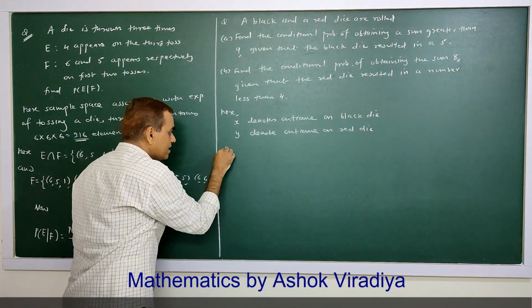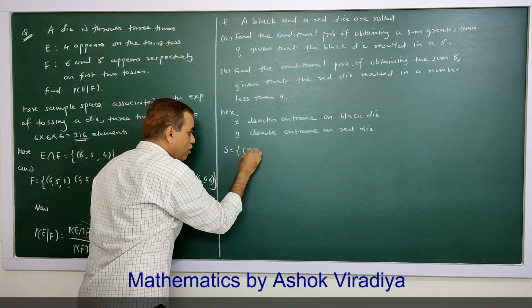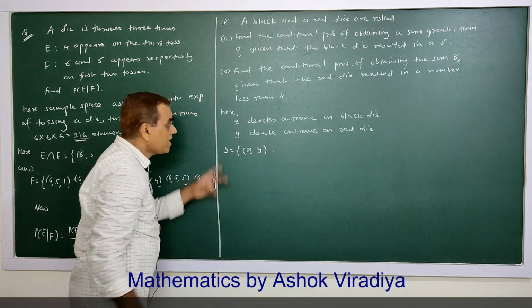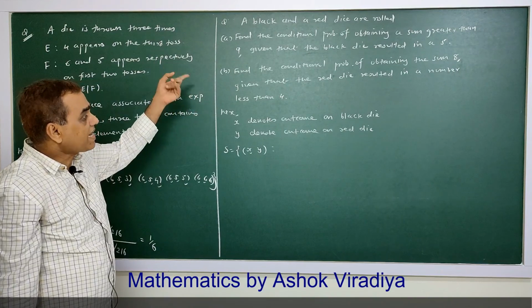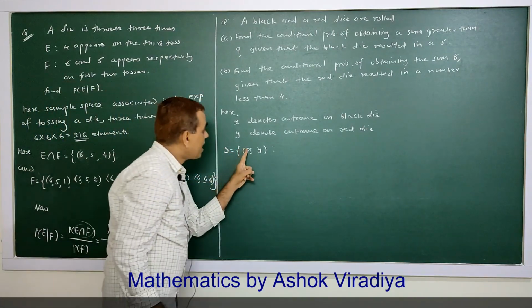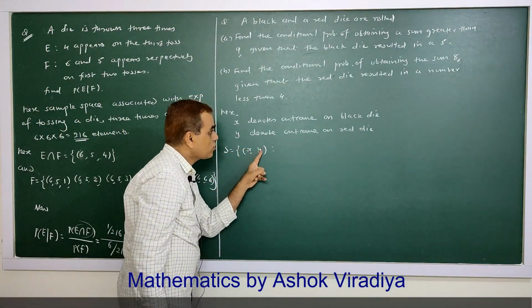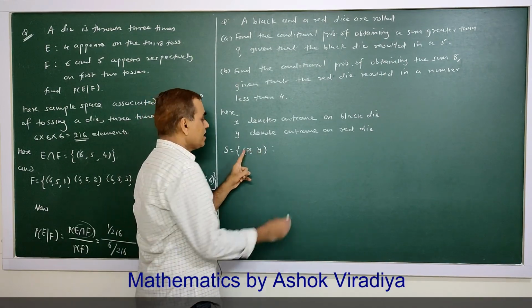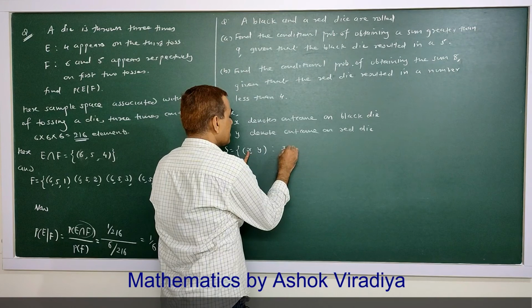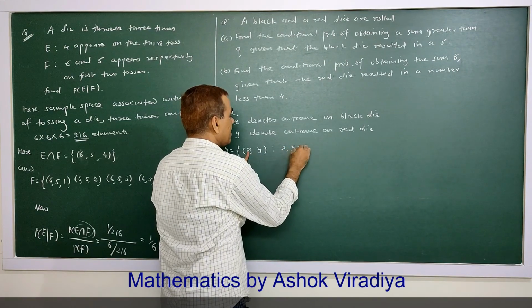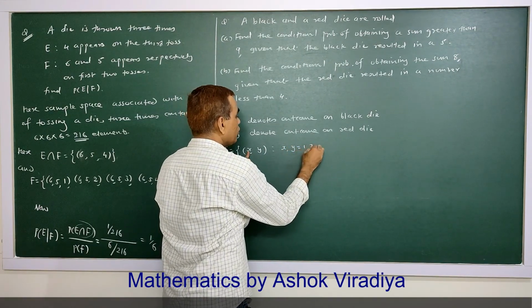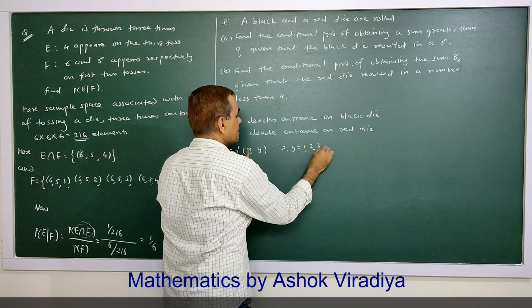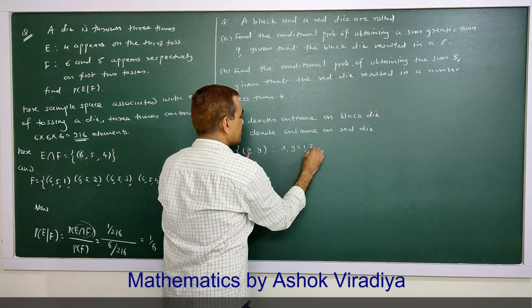So S is the set of ordered pairs when 2 dice are rolled, black and red. Here X and Y take values 1 to 6.